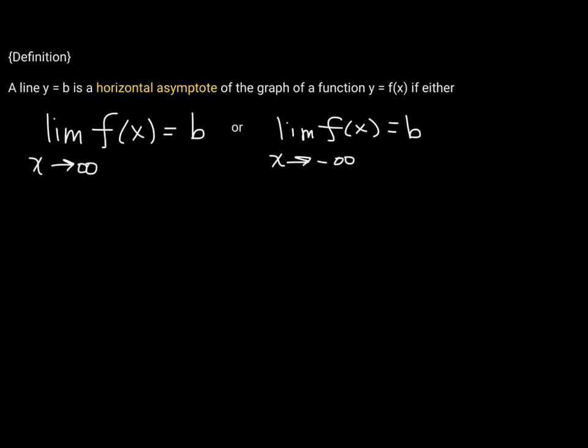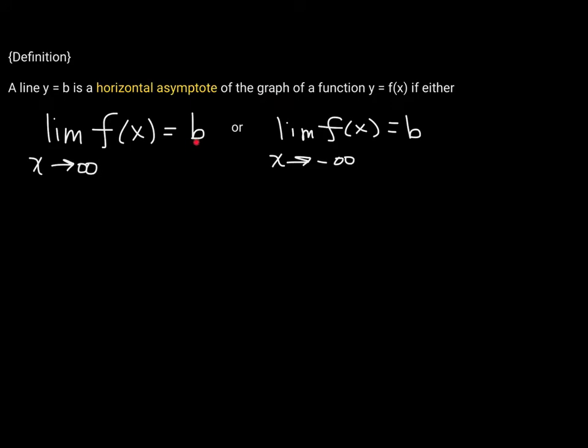That's really important. If your limit at infinity is some real number b, in the previous case the limit was 0, so for that function your horizontal asymptote will be y equal to 0, right?